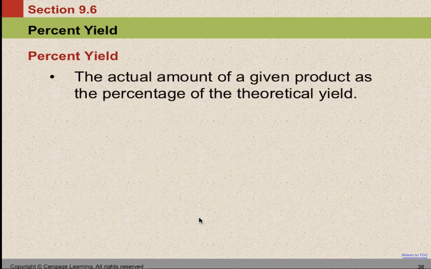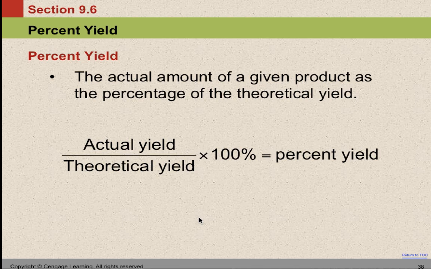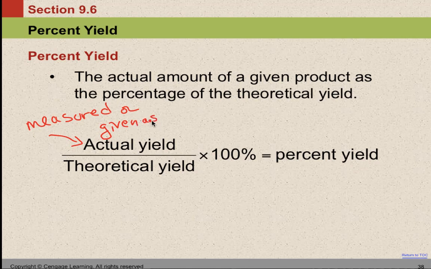So the percent yield is the actual amount of a given product as a percentage of the theoretical yield. The actual yield here has to be either measured during the experiment or given as part of the problem.